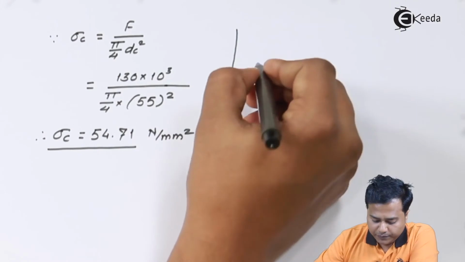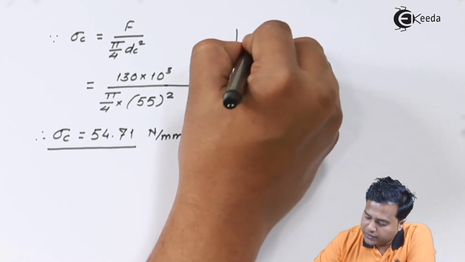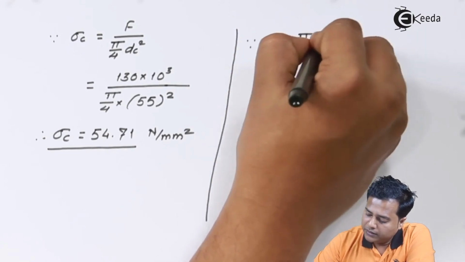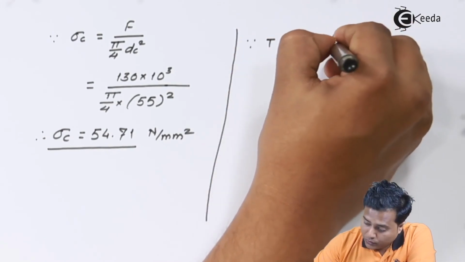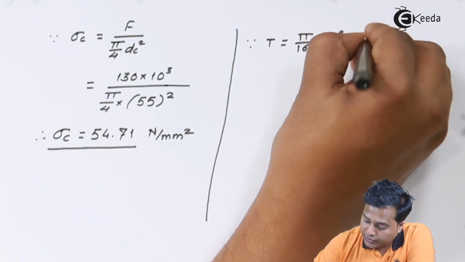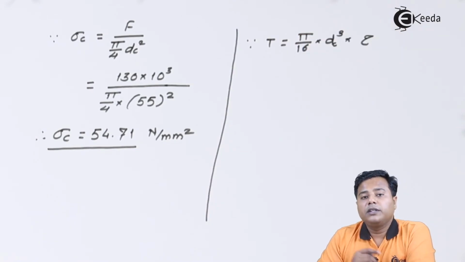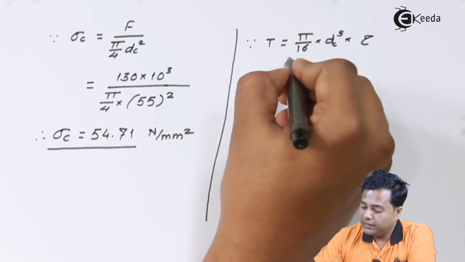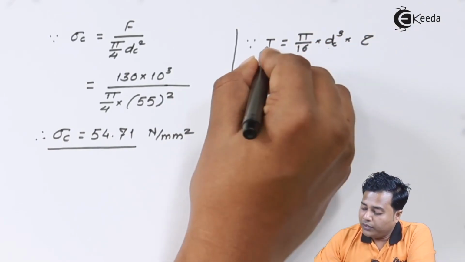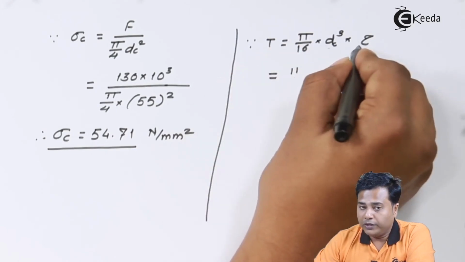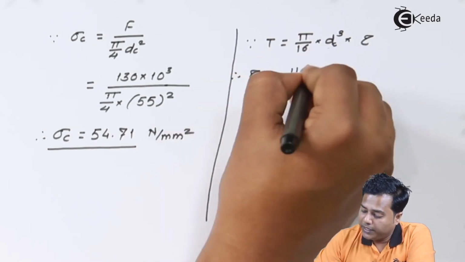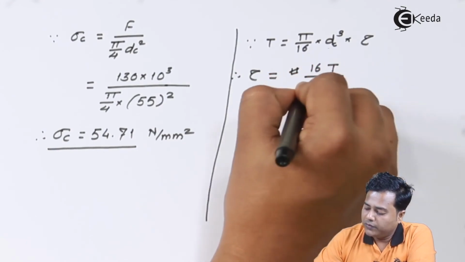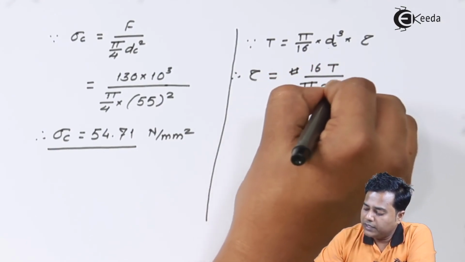Now the formula for shear stress: the torsion is basically given by pi by 16 into dc cube into shear strength. Now this is when your cross section itself is circular. We know that the cross section diameter is dc. We already have the value of T, we need to find the value of tau, and hence tau will be given by 16 times torsion divided by pi dc cube.